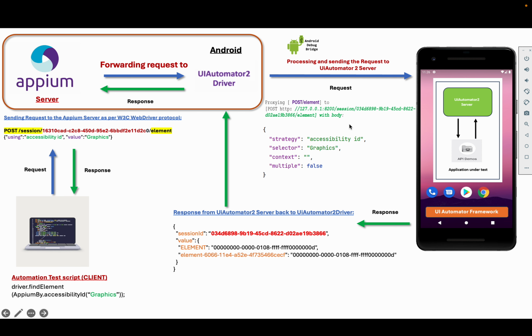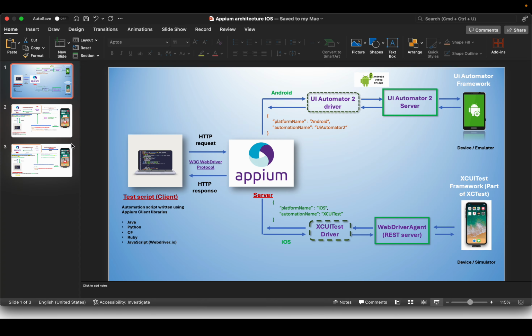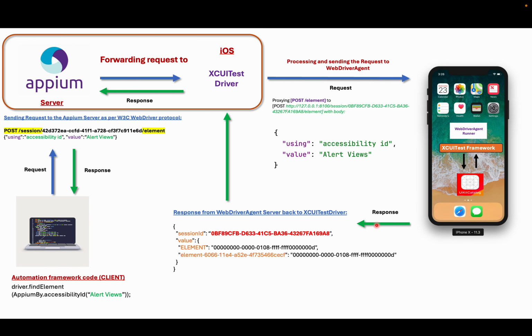But before sending it to the UiAutomator2 server, we convert that WebDriver command request to an Android specific request. So it changed from 2 key value pairs to 4 key value pairs. But if you observe in iOS, that is not happening. Why?